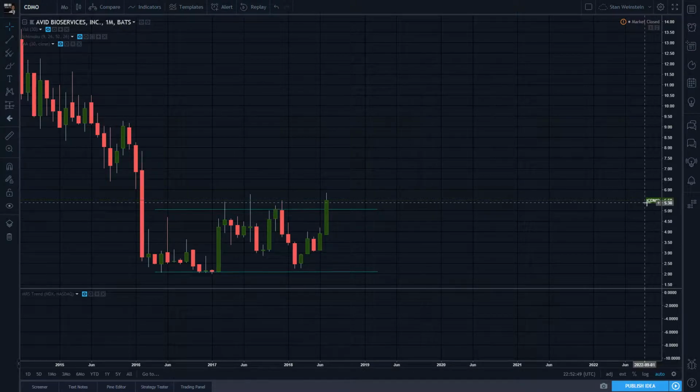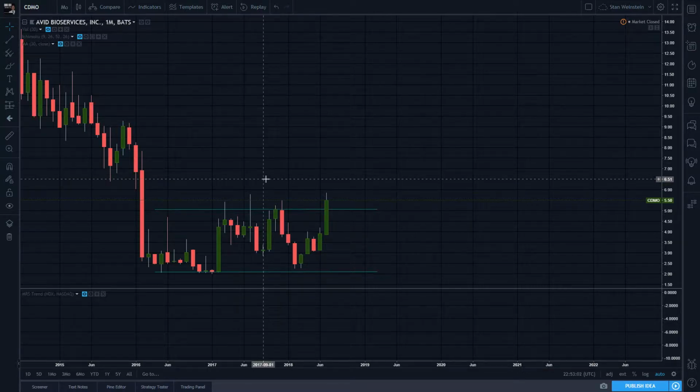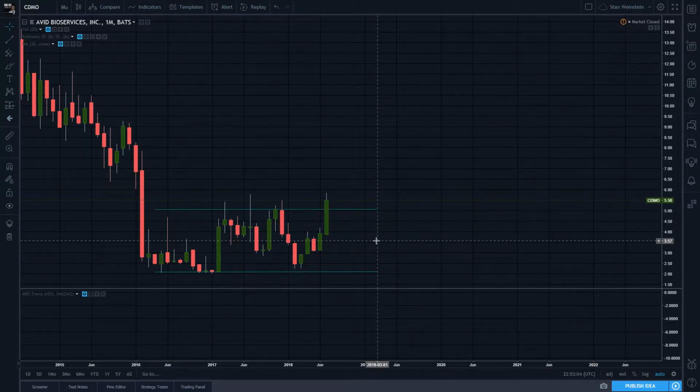Okay, this is CDMO, Avid Bioservices on the NASDAQ, guys. Did not mention that. Super important, or it's not, right? It's a chart. After that, if the parameters are good, then we enter or not.